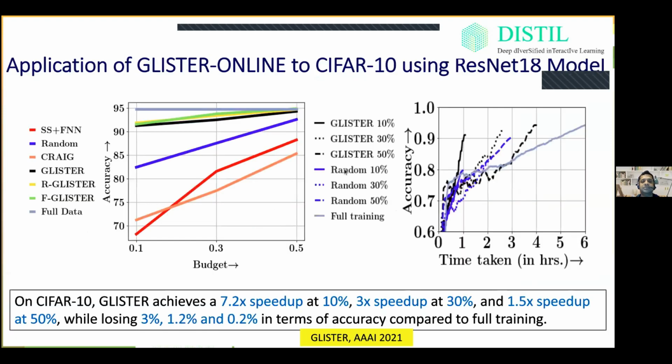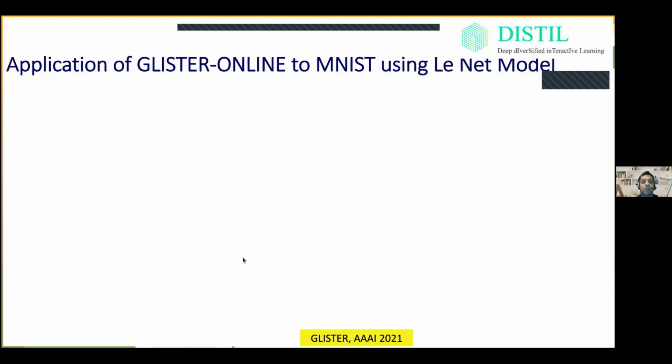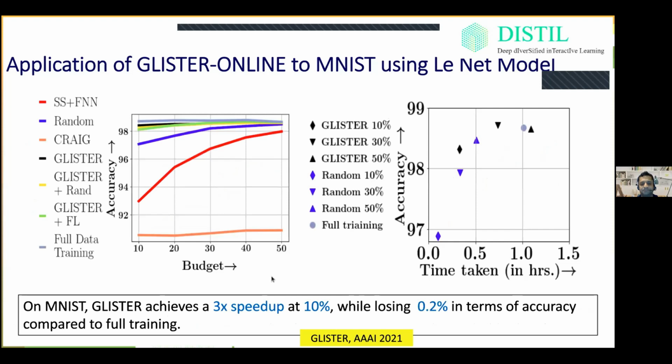And this Glister active has been profiled here, but you're welcome to visit our paper. The takeaway message is Glister can achieve 7x speed up at 10%, 3x speed up at 30%, and as you become okay with compromising on the loss, you get more speed up. And that's all with active learning as well.